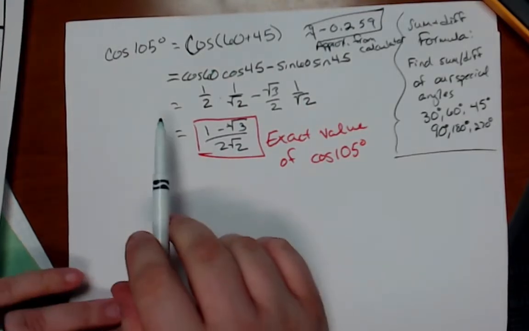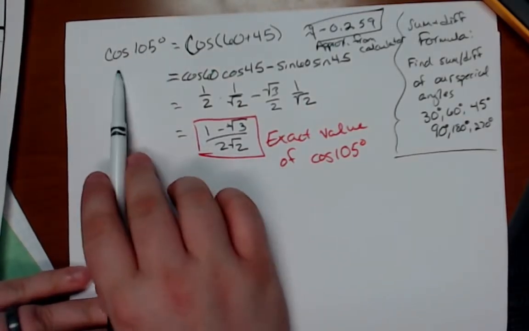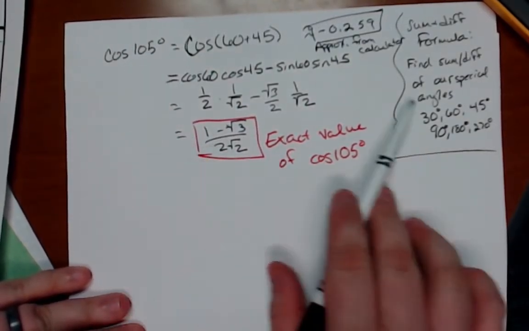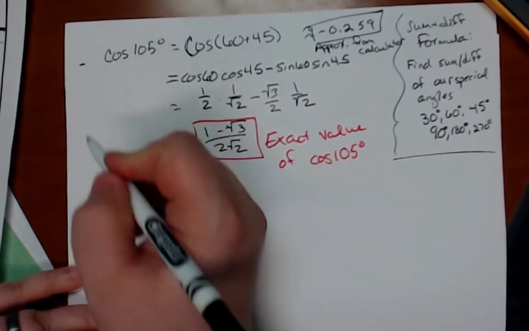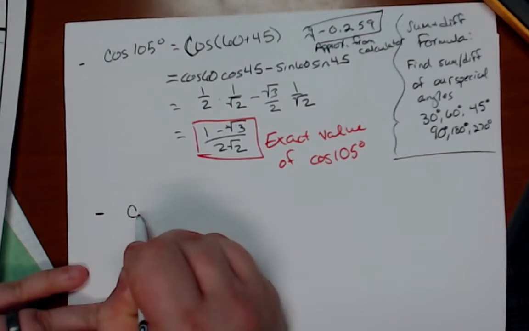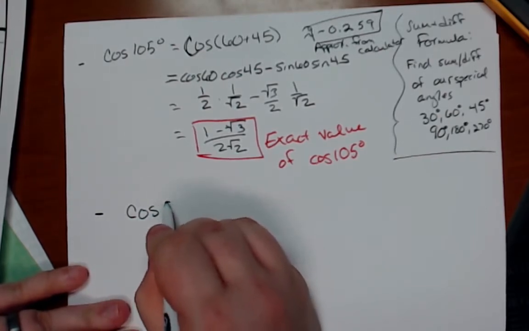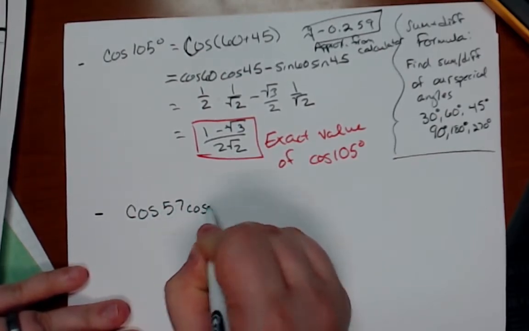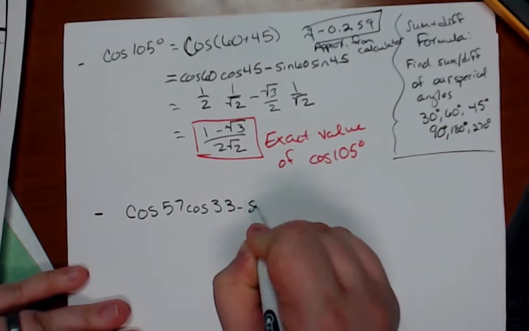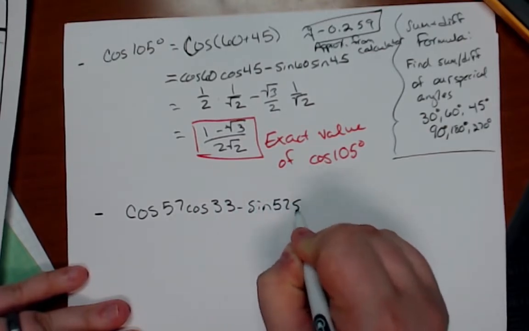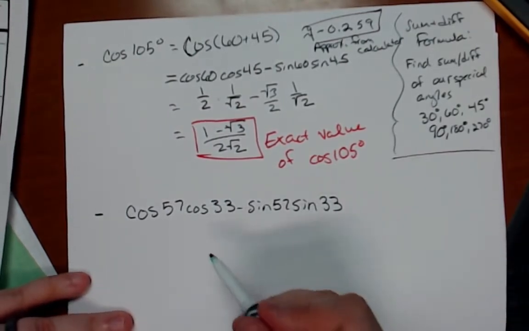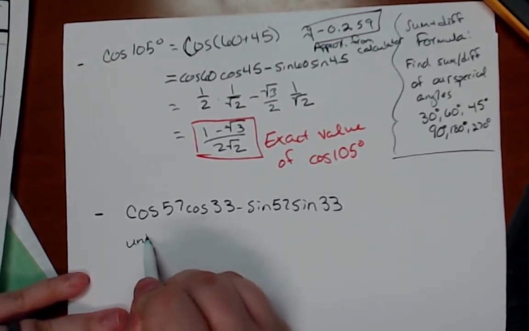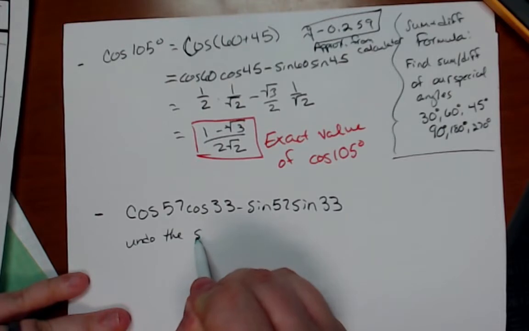And of course, we can't only go from, say, cosine of a number and decompose it into a sum or difference. If we were, say, given an example that looks like, give the exact answer of cosine 57 cosine 33 minus sine 57 sine 33, we can work the opposite way, and so we can undo the sum formula.